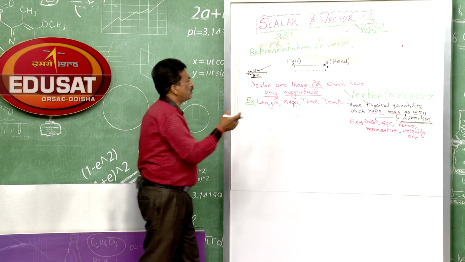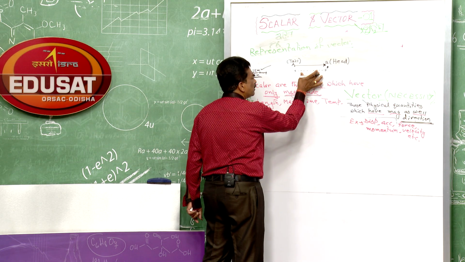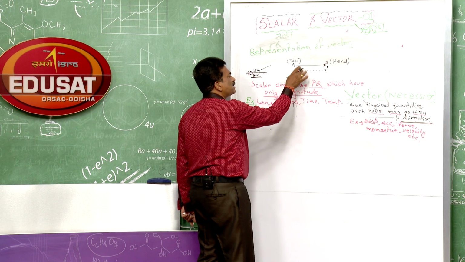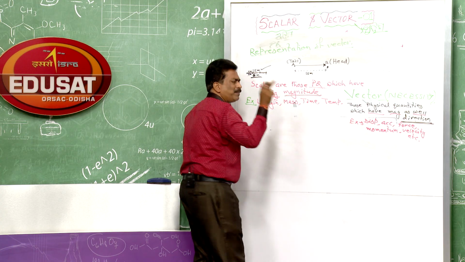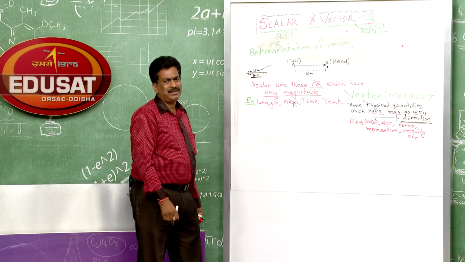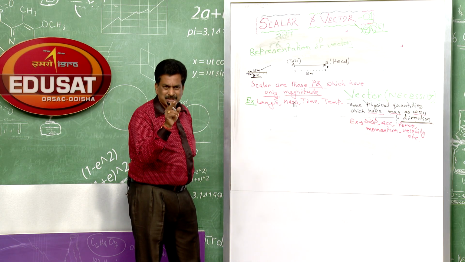So, if this length is 15 meters, then I will say this vector of length 15 meters must have a direction.